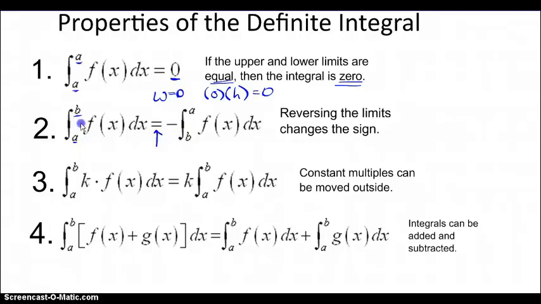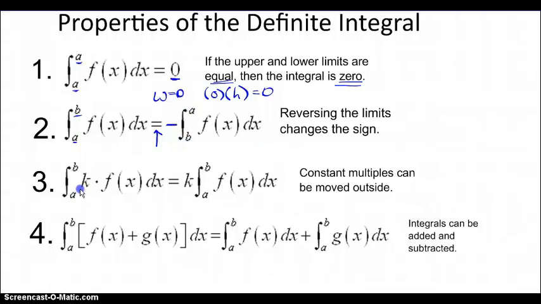We can accumulate from left to right, starting at a, stopping at b, or we can accumulate in the opposite direction, starting at b and stopping at a, and that will give us the opposite sign on our accumulation. So remember that. If you need to switch those limits of integration, all you have to do is pop a negative out in front of your definite integral and swap your limits of integration, and then you can go on about your business.